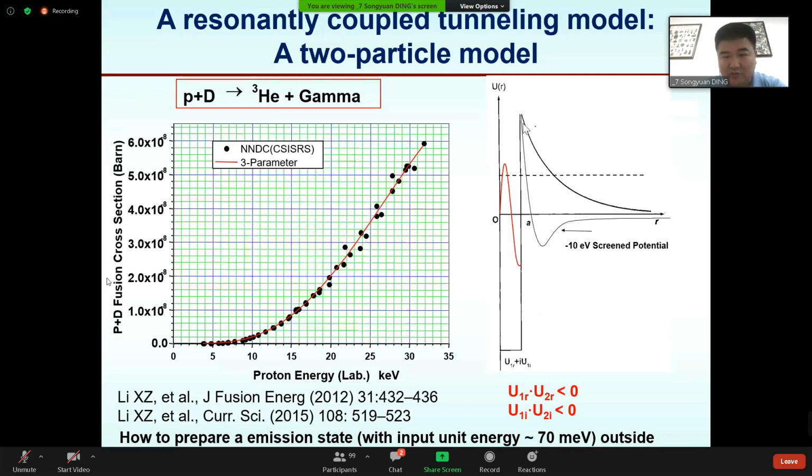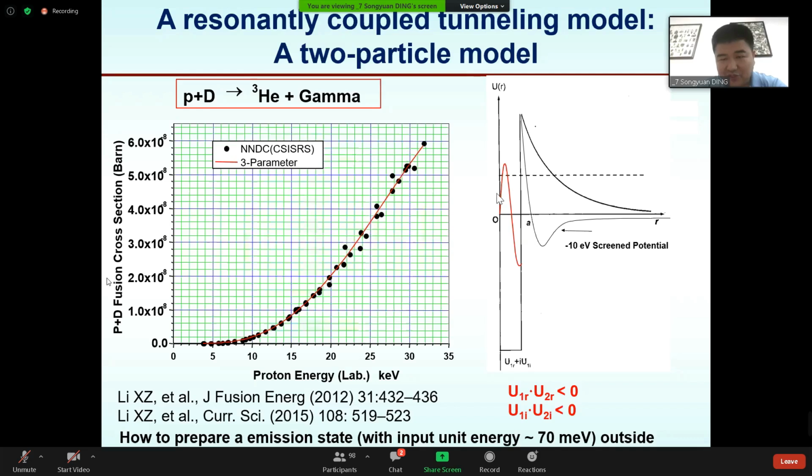In this model, there's a coupled potential. One is the Coulomb potential, as we know, and the other is the potential in the nuclear region. To make the total system, the total Hamiltonian, a non-Hermitian Hamiltonian, he assumed that the two potentials are both complex functions.